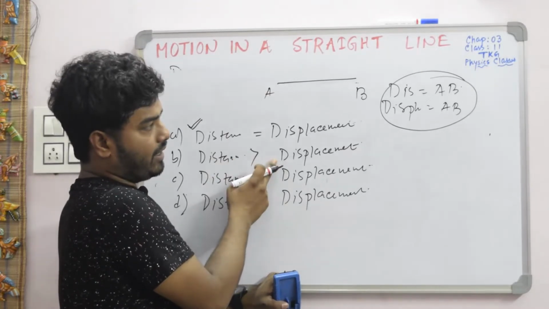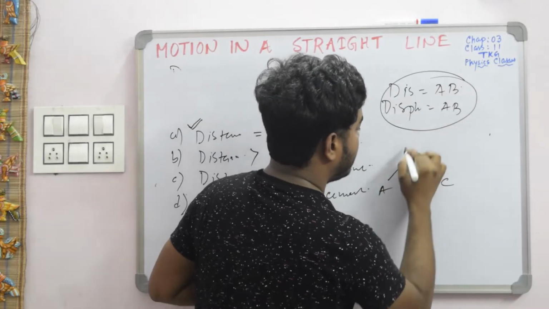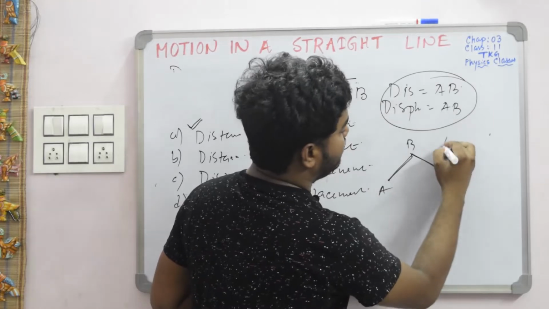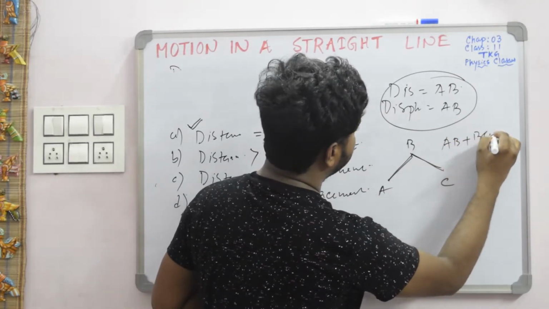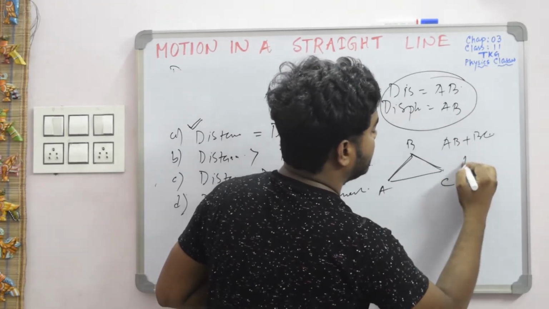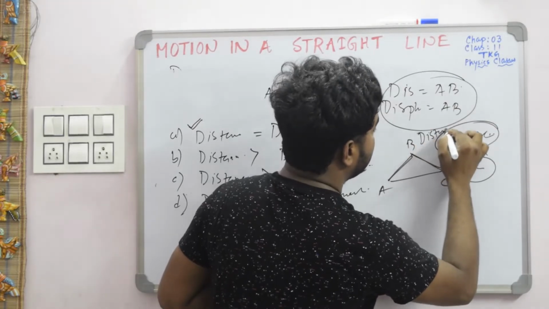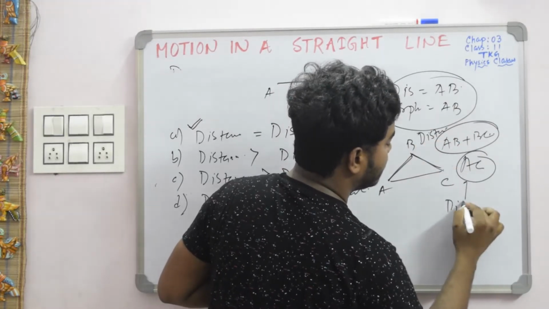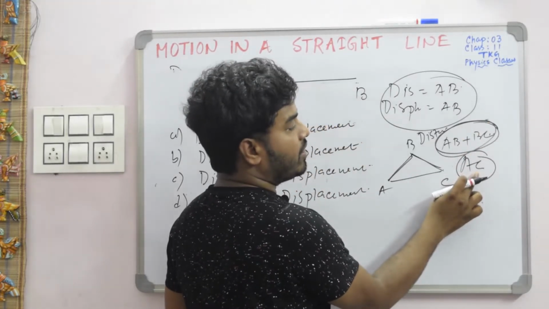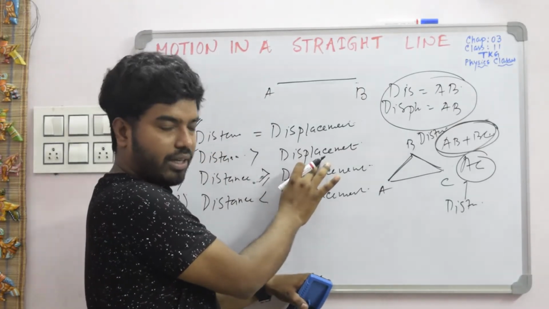Now this one, distance greater than displacement. This portion A, B, C. When a body is moving from A to B, after that B to C, here the distance is AB plus BC, and in this case the displacement is the shortest path, that is AC. So check, this portion is greater with respect to AC. So this one is also right: distance will be more than displacement. Clear?